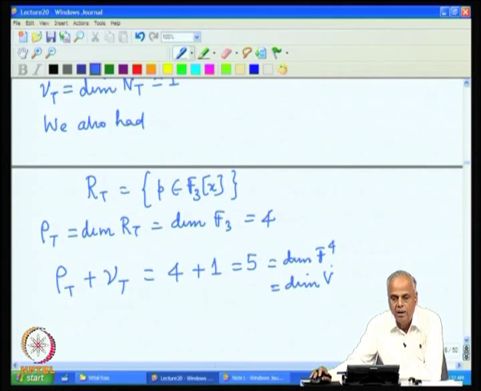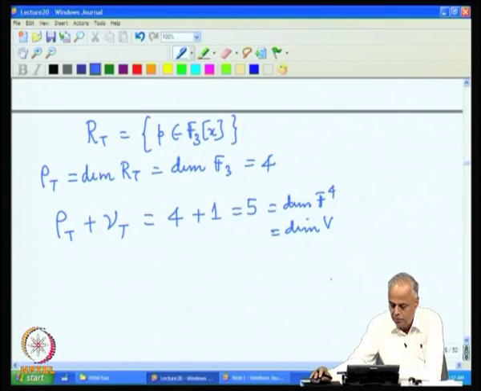Again we see that rank T plus nullity of T is the dimension of V.